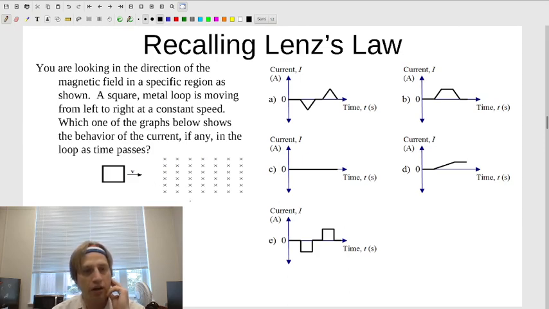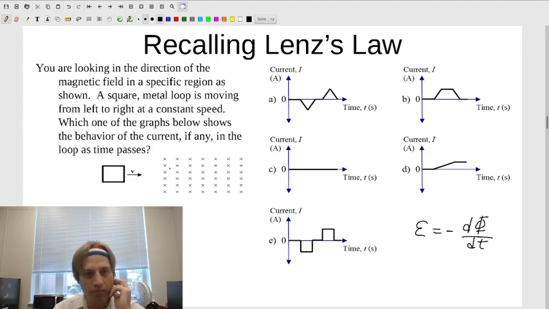Okay, now recall that the induced voltage is going to be related to the change in flux per unit time. So as this box is moving into the magnetic field, it's going to have a changing flux.